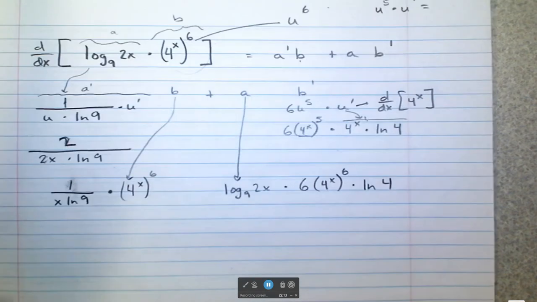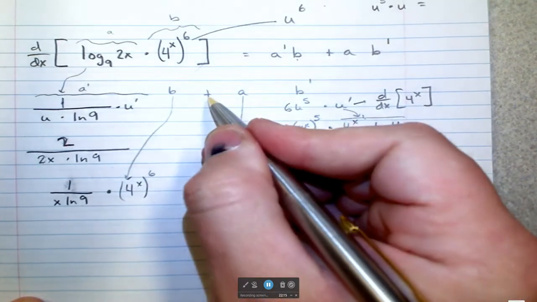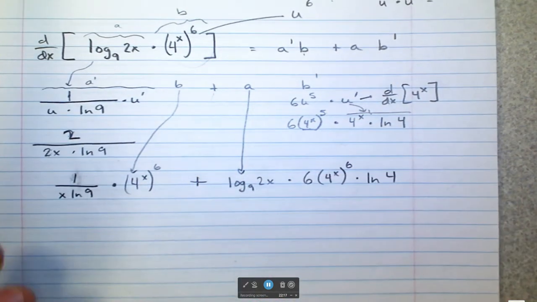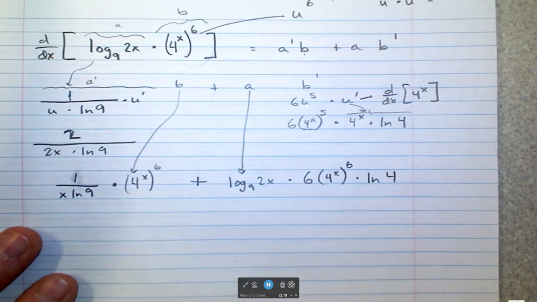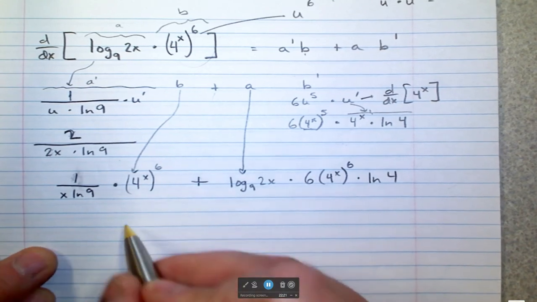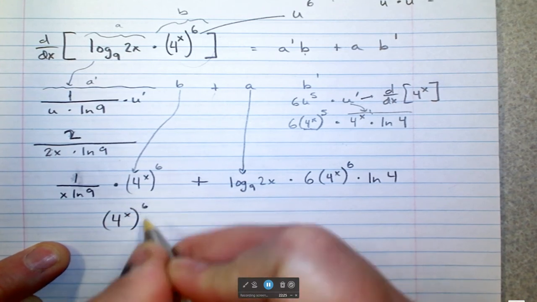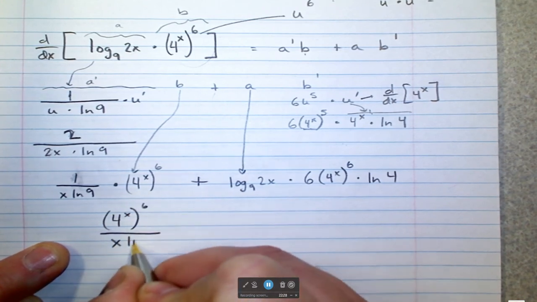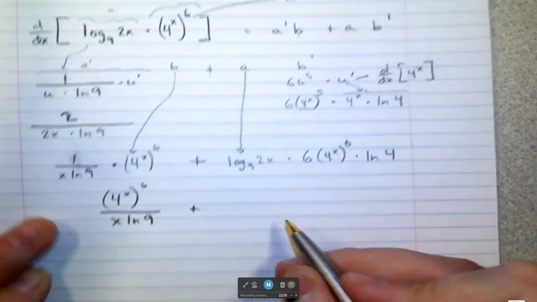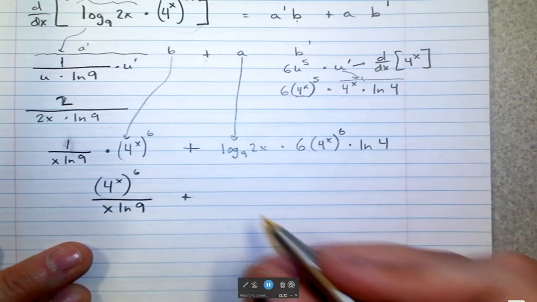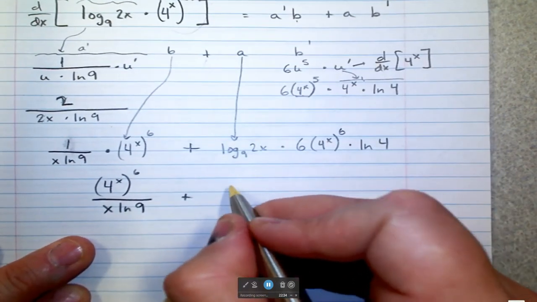Okay. And then of course there's the plus sign between these. Don't forget the plus sign between these. Now what? Let's combine some like terms, get some things together. So what do we have here? We have 4 to the x to the 6th over x ln 9 plus all of this. So I'm going to go ahead and put this out front.